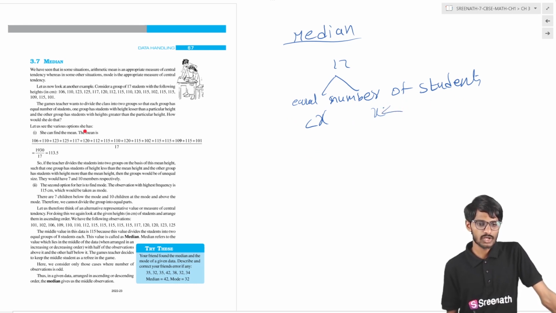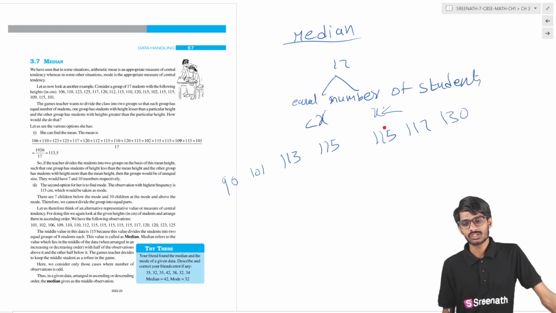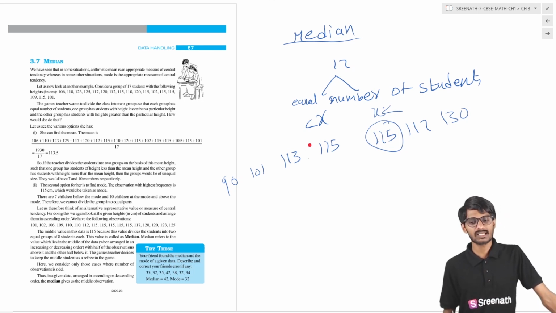Suppose x is equal to 115 centimeters. She wants this group to have heights lesser than 115, that is 113, 101, 90, like that. In the other group all are above 115, that is 117, 130, like that. Like that, she wants to divide 17 students into 2 equal groups.